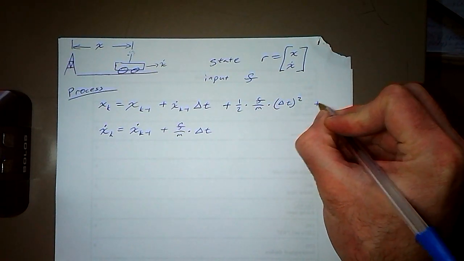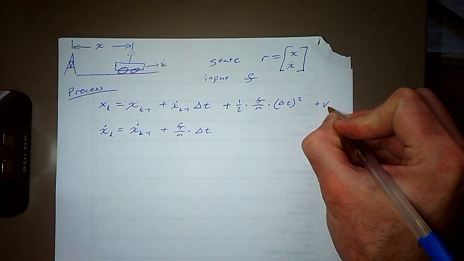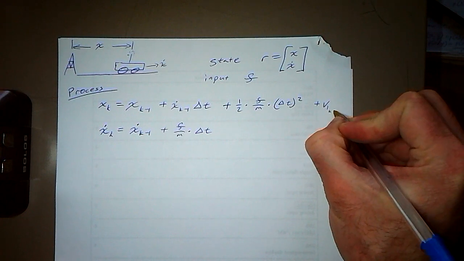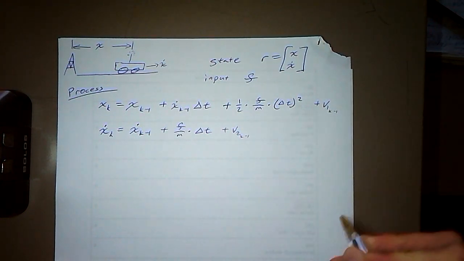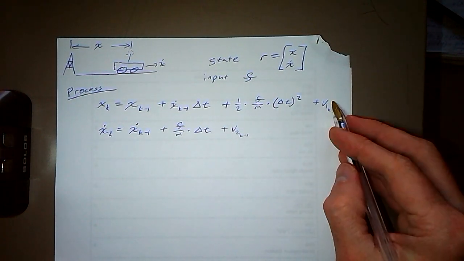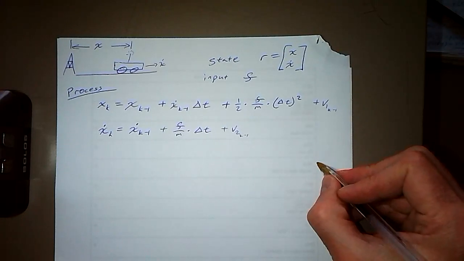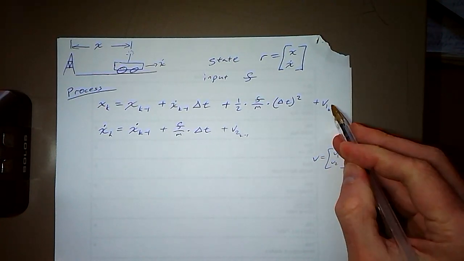So plus v1 k minus 1 plus v2 k minus 1. v1 and v2 just refer to the fact that v is also a vector, so v is equal to v1 and v2.